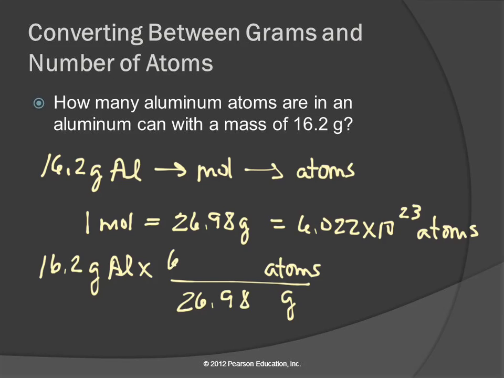Is this going to be a big number or a small number? It's going to be a really big number. And this should have 3 sig figs, right? 3.62 times 10 to the 23rd atoms.